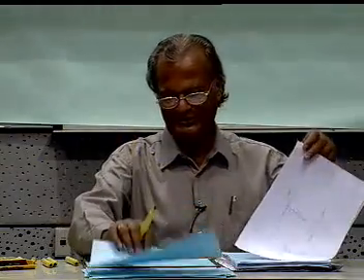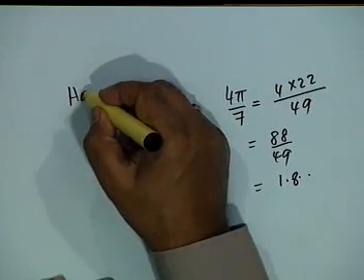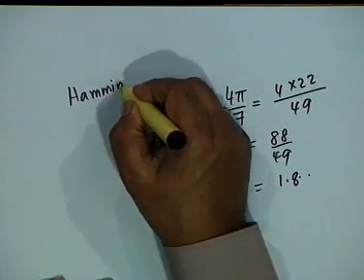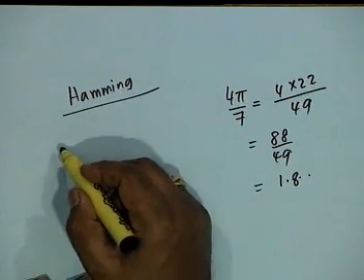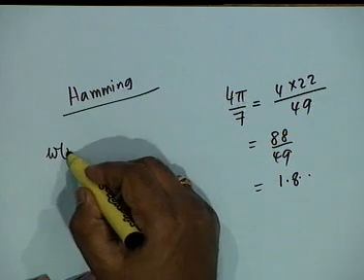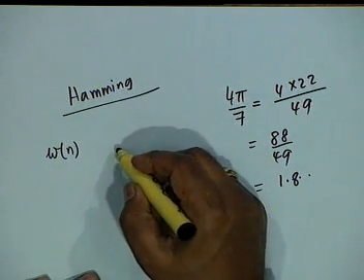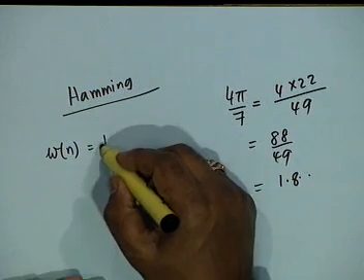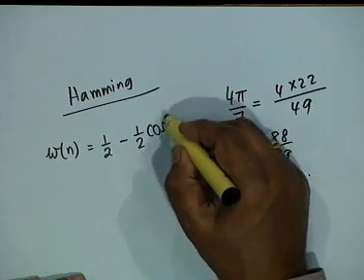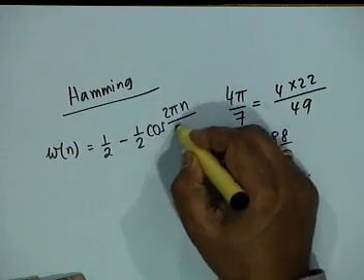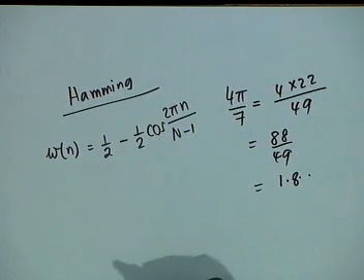The next window that we consider is the so called Hamming window. You notice that the Hann window is half minus half cosine of 2 pi n divided by N minus 1.